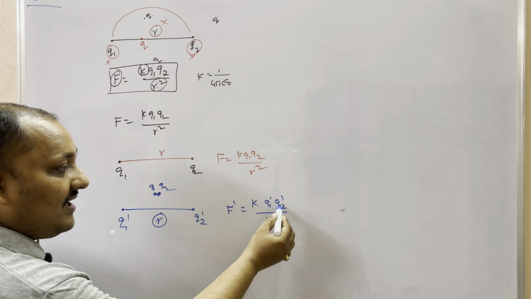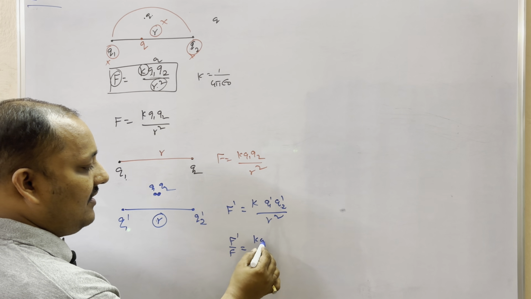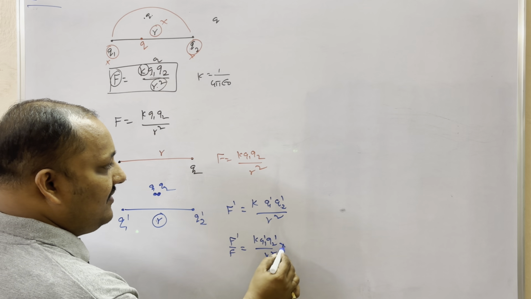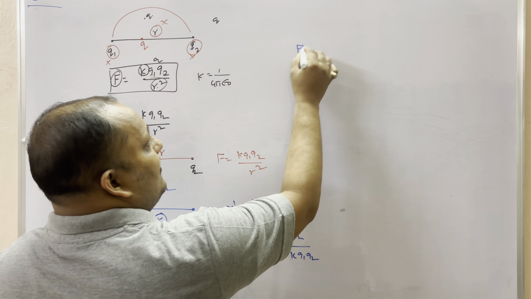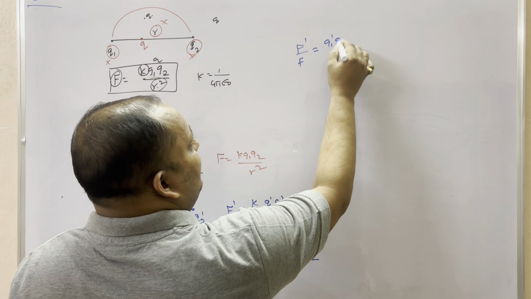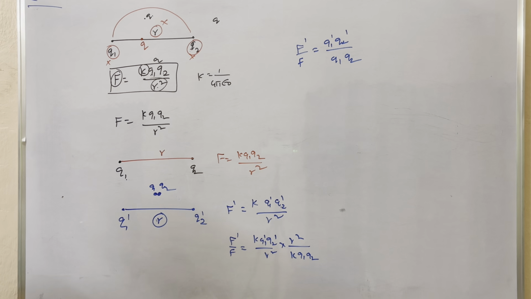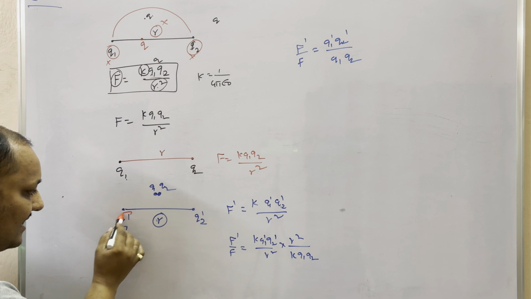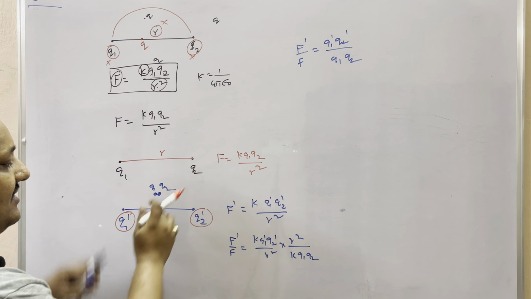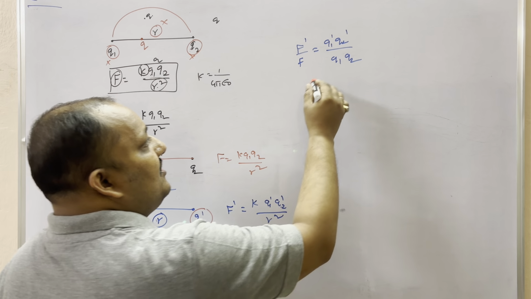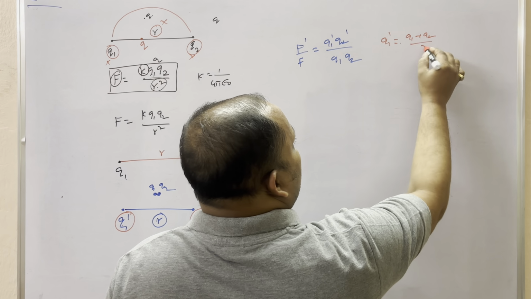Now what are Q1 dash and Q2 dash? If you divide F dash by F, K Q1 dash Q2 dash by R square into R square by K Q1 Q2, therefore F dash by F equal to Q1 dash Q2 dash by Q1 Q2. Now, what are these new charges? Whenever you bring them in contact for some time and separate again, the charge is exchanged like this. Q1 dash is equal to Q1 plus Q2 by 2.